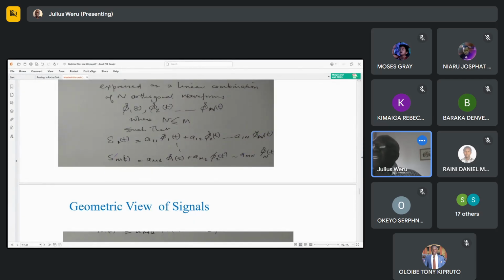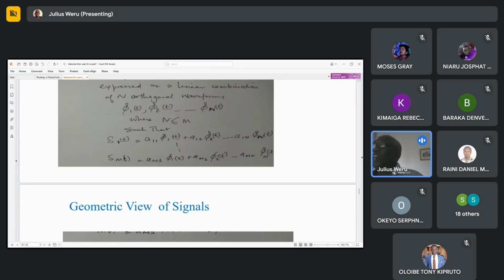And of course the same with s2 of t is A21 phi 1 of t plus A22 phi 2 of t.